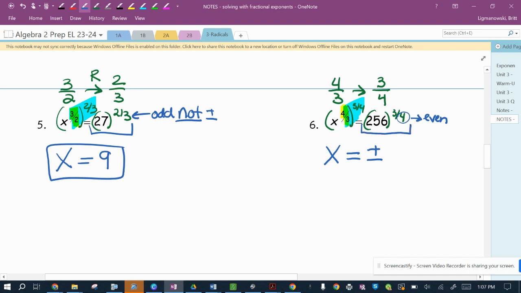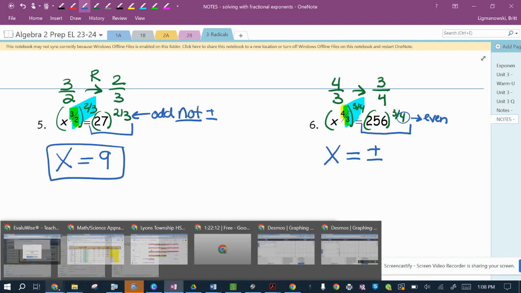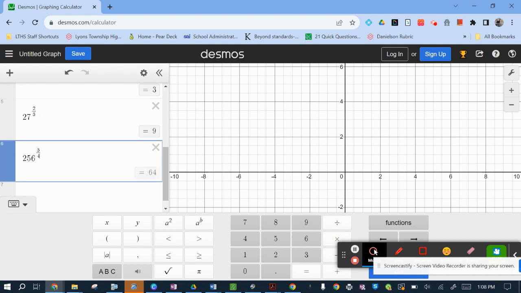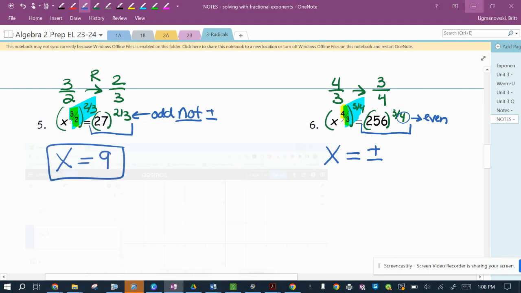I'm going to put this in the calculator: 256 to the 3 over 4 power. We're going to get 64. So positivo and negativo 64, because the bottom number is even. So even means plus or minus.